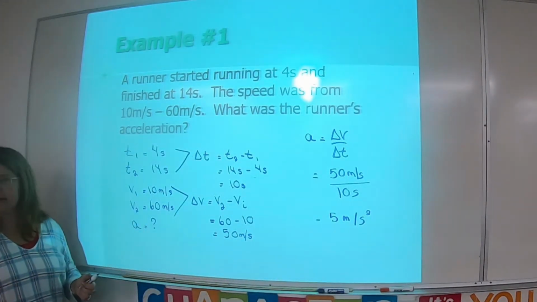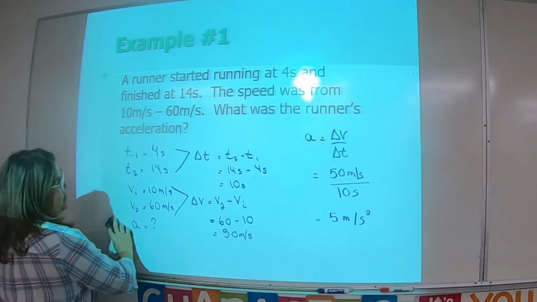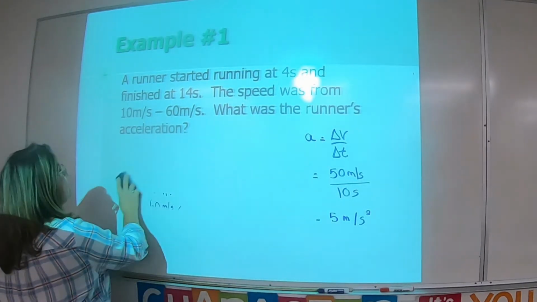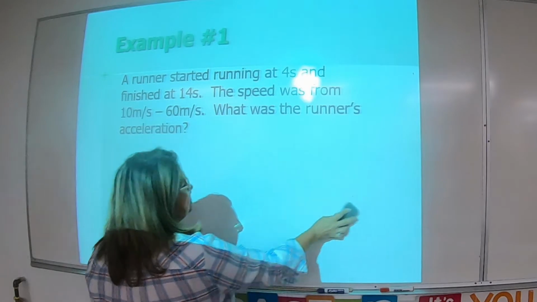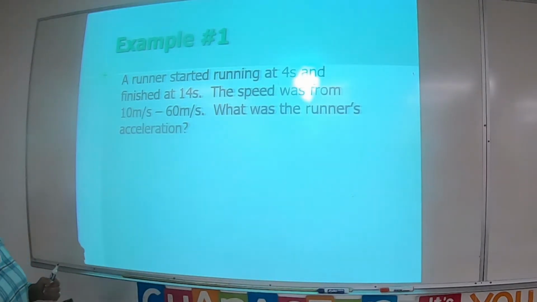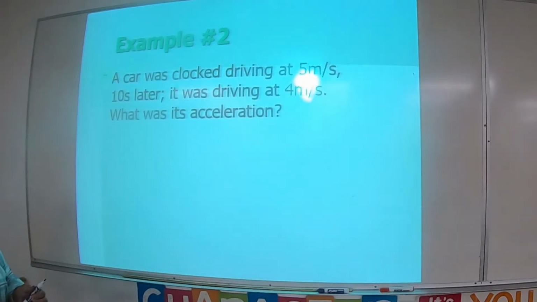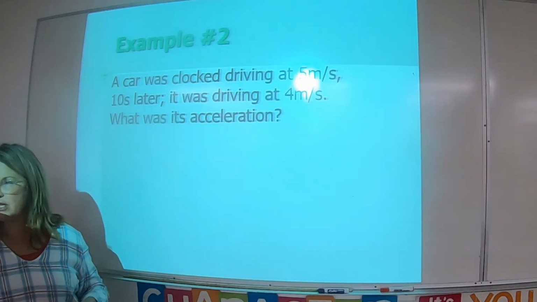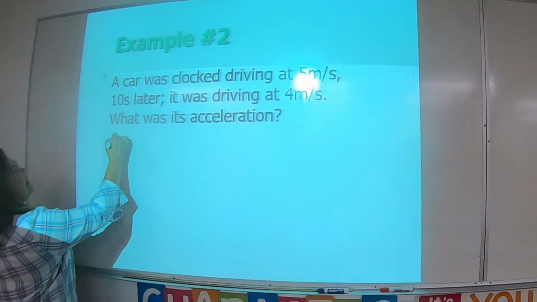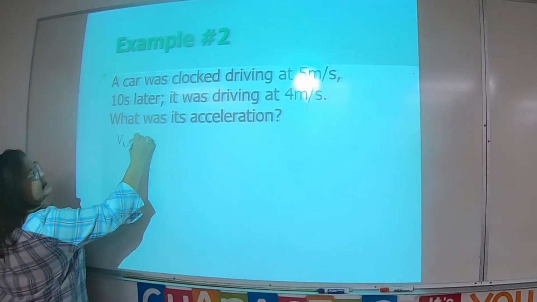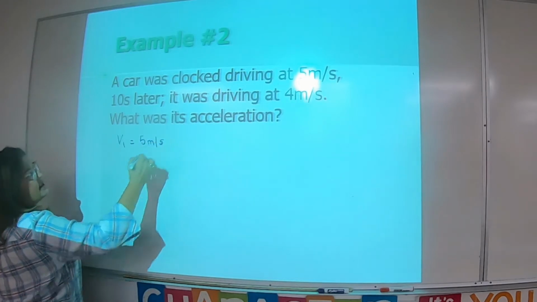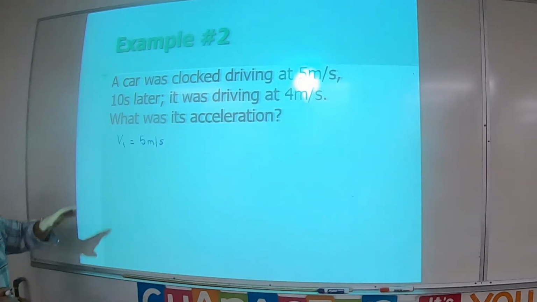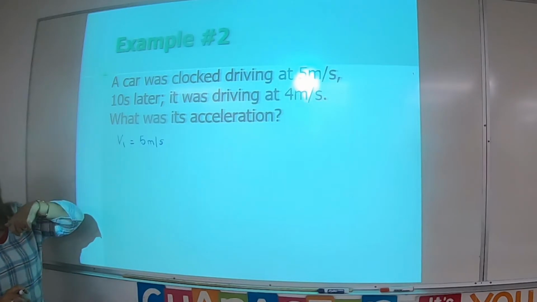Questions with that? Okay. So our next example. A car was clocked driving at 5 meters per second. 10 seconds later, it was driving at 4 meters per second. What is the acceleration? So, the initial speed is 5 meters per second. 10 seconds later, it was driving at 4.